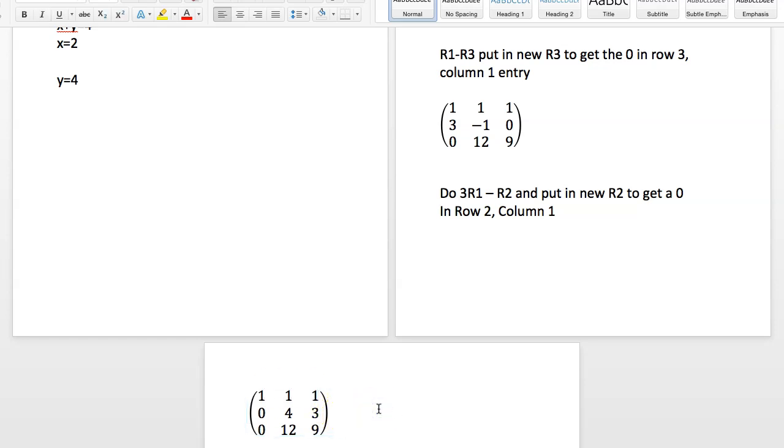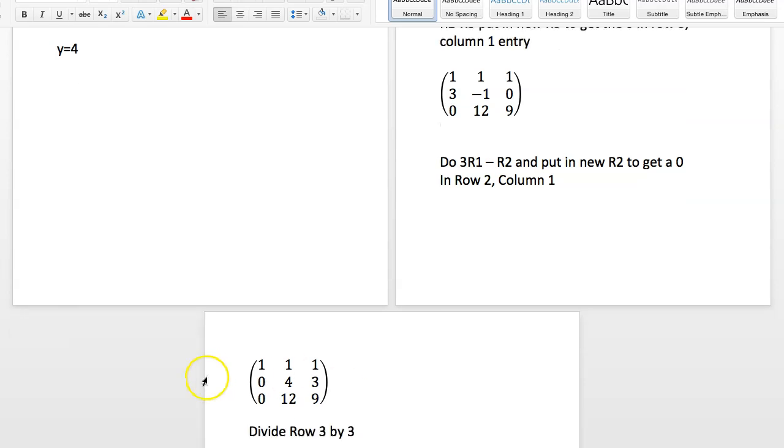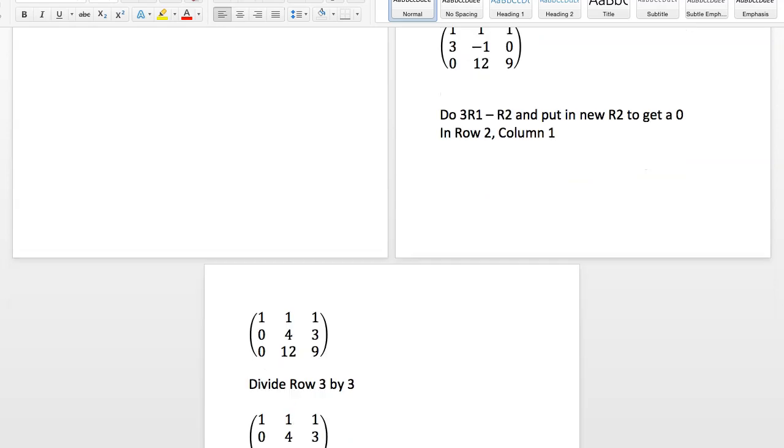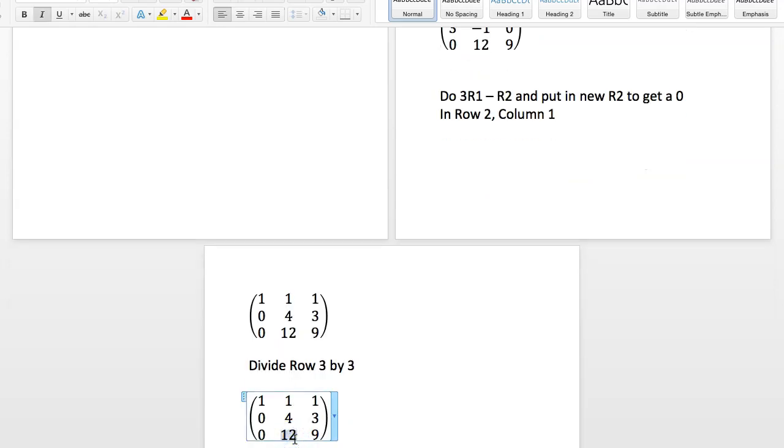Okay. This appears solvable. We're not done. We need to either show this has no solution or it does, right? Now, redivide. Let's just go ahead and divide row 3 by 3. Guys, anytime you can divide a row by a constant and stay clean, do it.